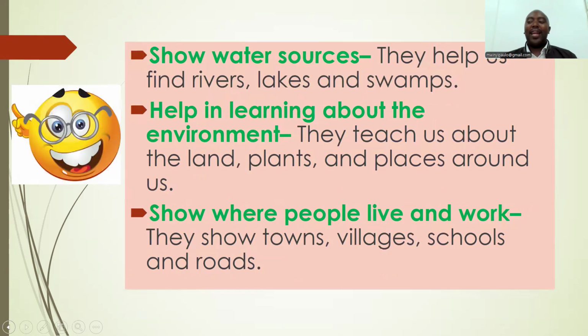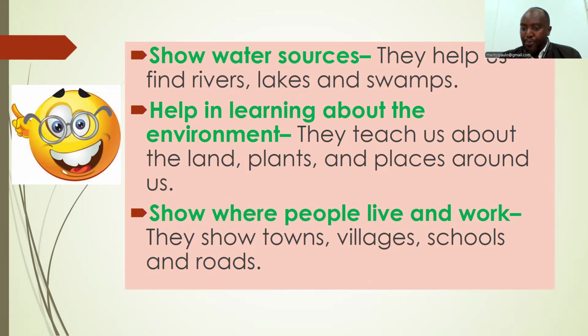Now, another importance of the topographical map, they show the water sources. So by use of a topographical map, you can know where you'll get a river, a lake, a swamp, and so on and so forth.